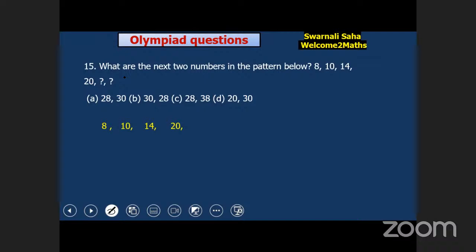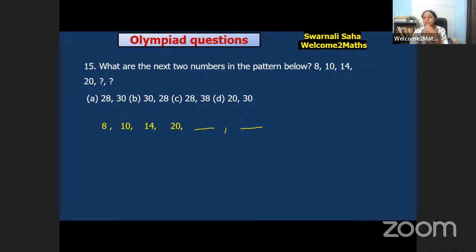After 20, which two numbers will come? 8, 10, 14, 20. Can you solve this? Anyone? C, A, D, many answers.